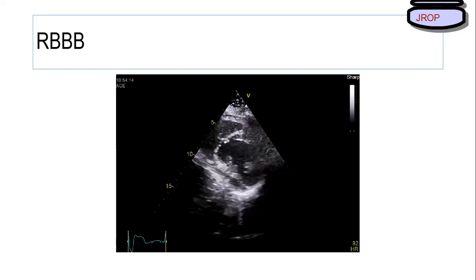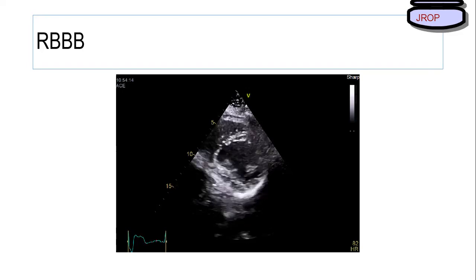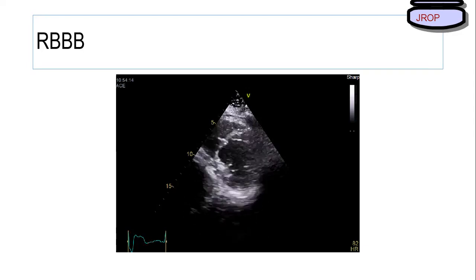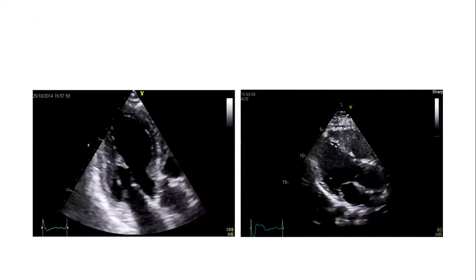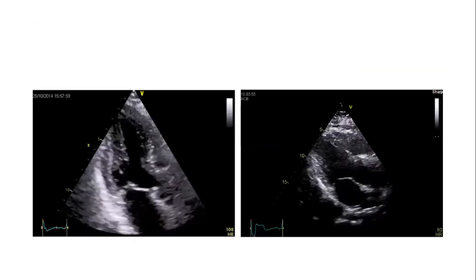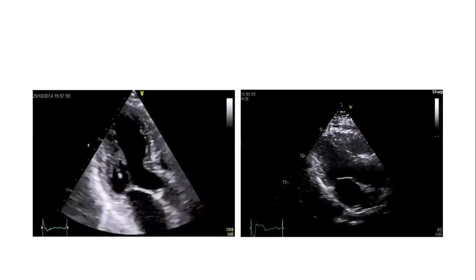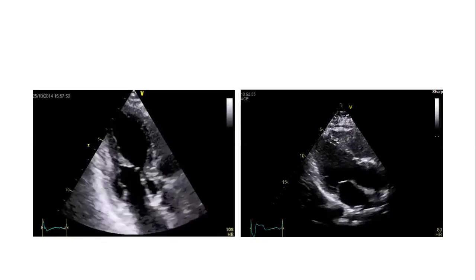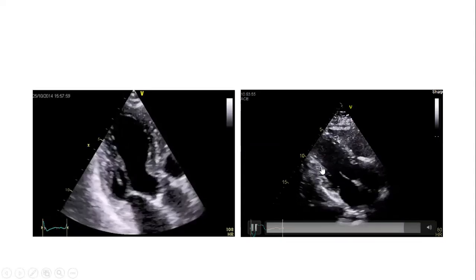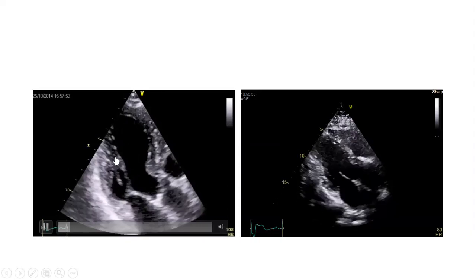Any other question, Jesse? Sir, at the plax level, if a papillary muscle is showing, attached in plax view, will that be shown as inferior wall or posterior wall? Whenever you see a plax, you must look, there are two images based on a question. One does not show papillary muscle, the other shows papillary muscle.